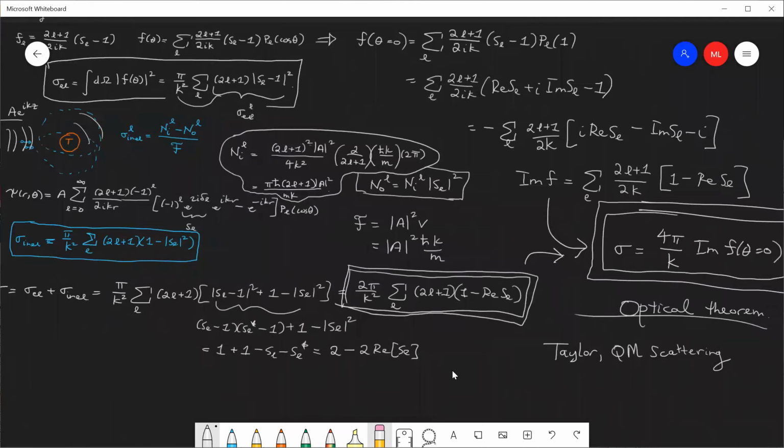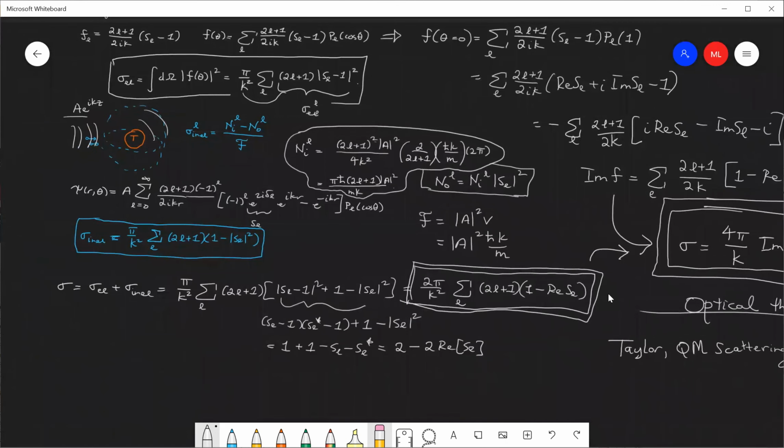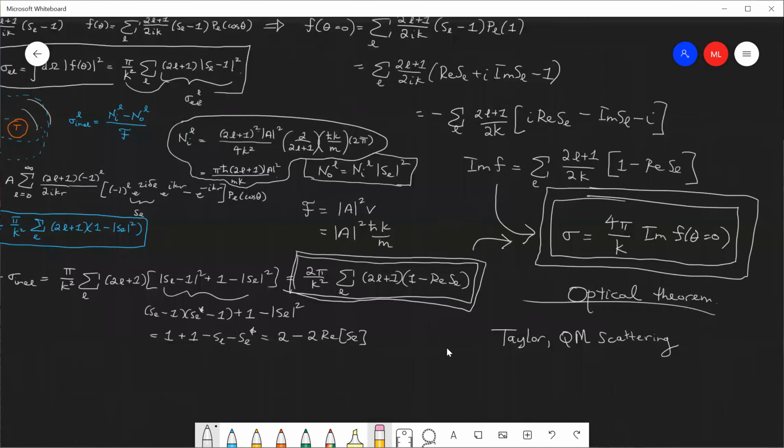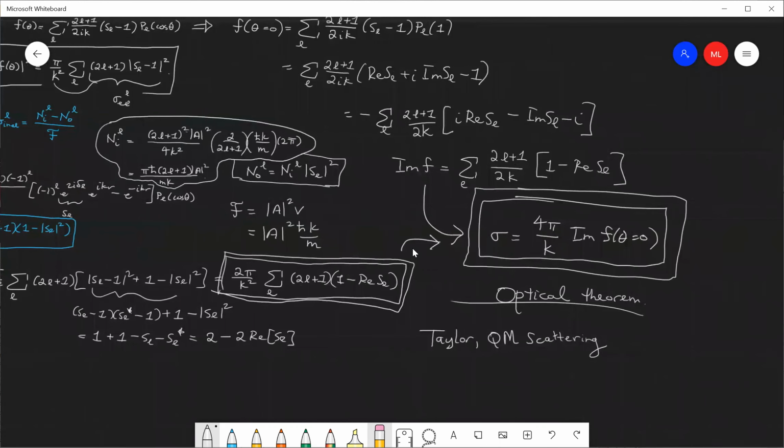You at least have some nice expressions here for the scattering cross sections, and we've derived the optical theorem, which is a very powerful result. And when you get to do quantum field theory and things like this, you'll see that a lot of these results extend also to when you're doing the quantum mechanics of fields instead of particles like we're doing in this class, single particles. So that's what I wanted to say about that before.